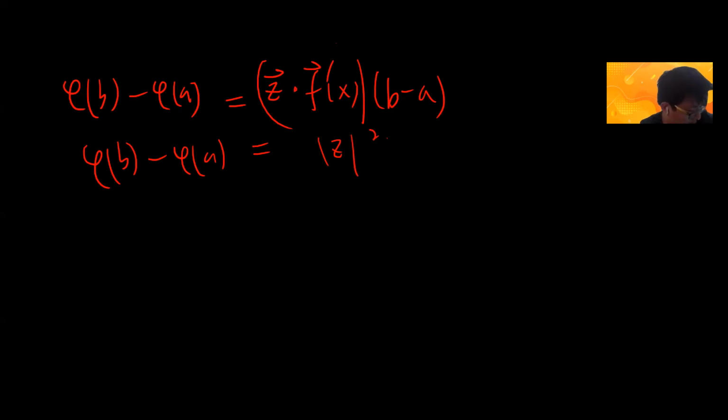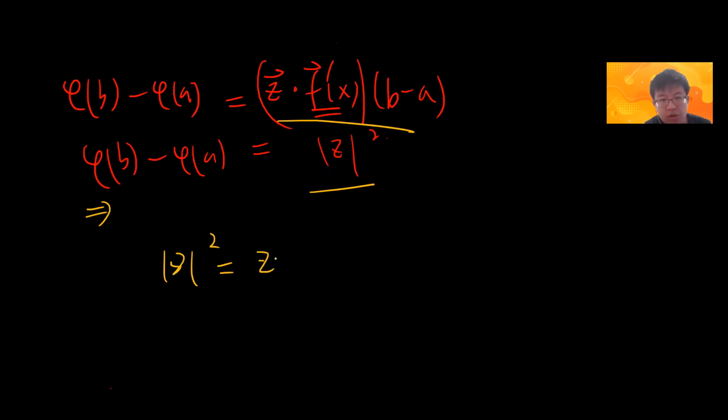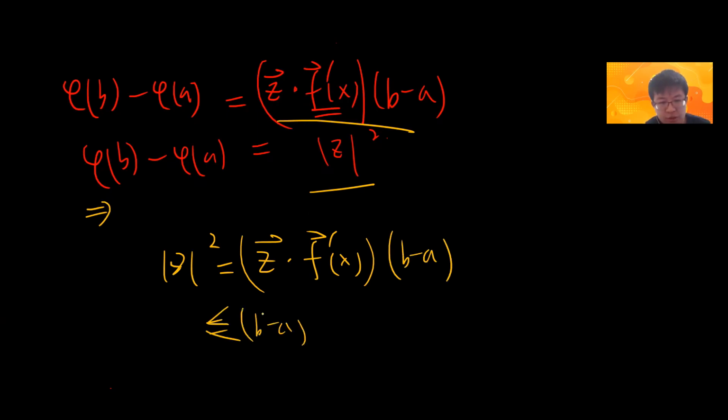So the final step is that these two are combined, right? So now z squared is z dot with f prime of x, another vector, times (b minus a). By Cauchy-Schwarz, this is less or equal to the absolute value of z and f prime of x.